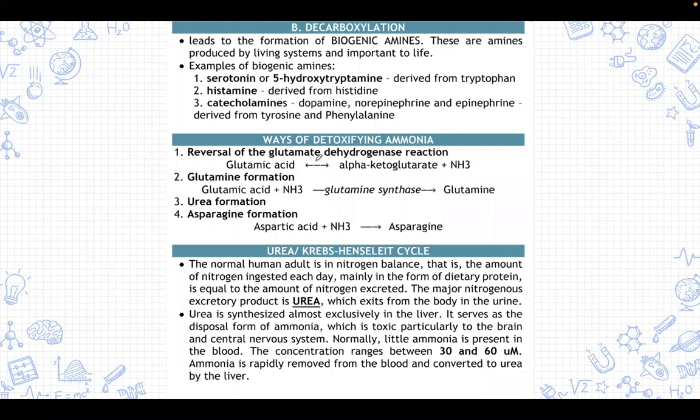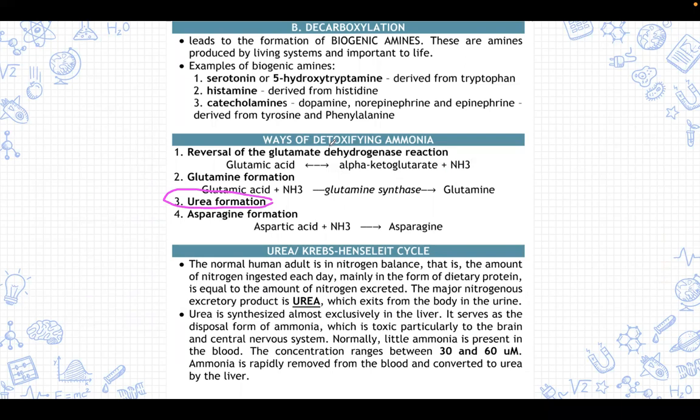And then, ito naman po yung mga example natin on how to detoxify your ammonia. We have the reversal of glutamate dehydrogenase reaction, glutamine formation, yung urea formation. Hence, we will be talking about the urea cycle. So, these are some of the ways para ma-eliminate or excrete natin si ammonia from our circulation.